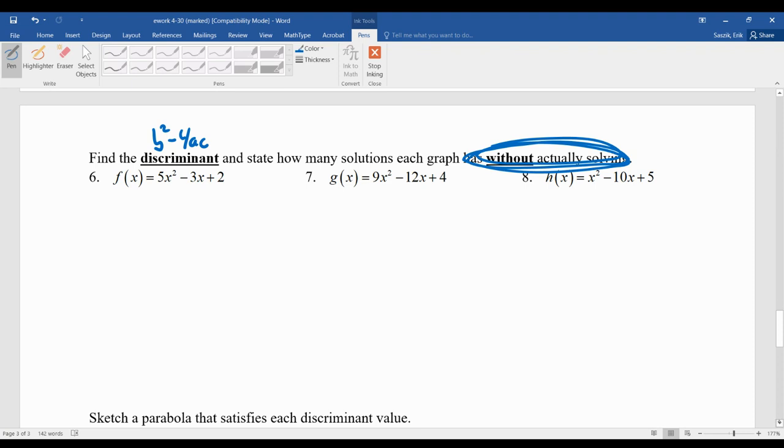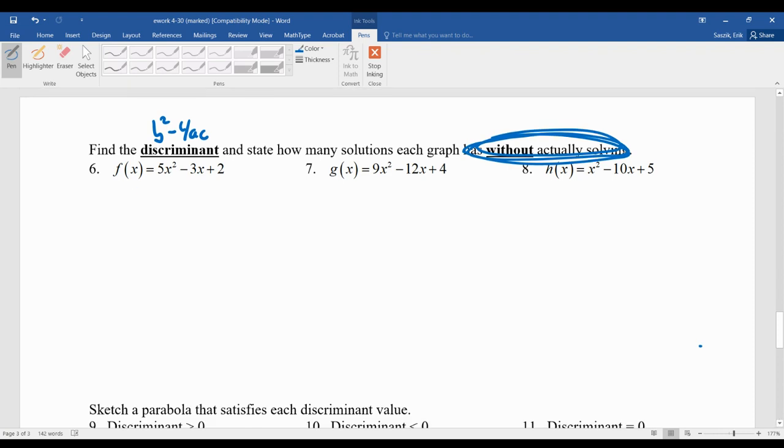Remember, the discriminant, you want to be equal to 0, but this thing in front, the f of x, g of x, or h of x, remember that's the same thing as y. We just make it 0 because x-intercepts have the y values of 0 anyway, all right? So if this was, picture a 0 there, my b is negative 3.